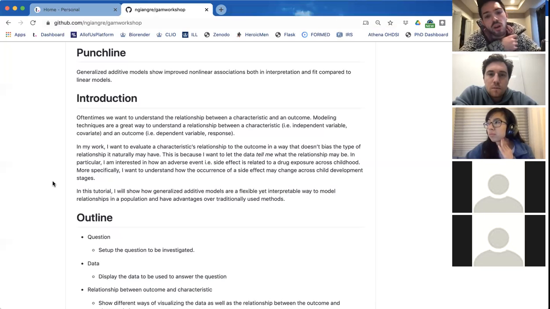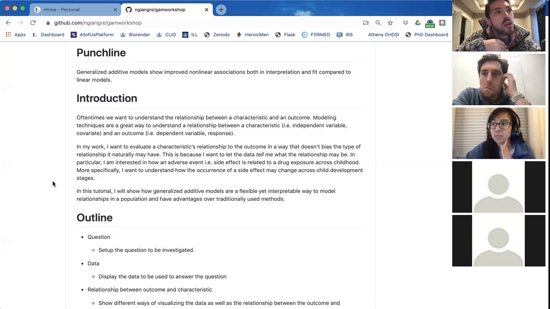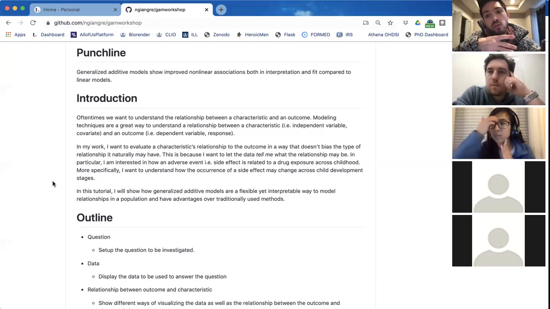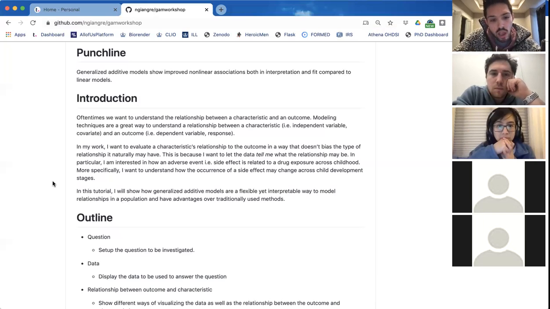In my work, I want to evaluate relationships between drug exposure and adverse events. Ultimately, trying to say that exposure to a drug may lead to an adverse effect or is related to an adverse effect happening. And I actually want to do this in children. That's my focus.